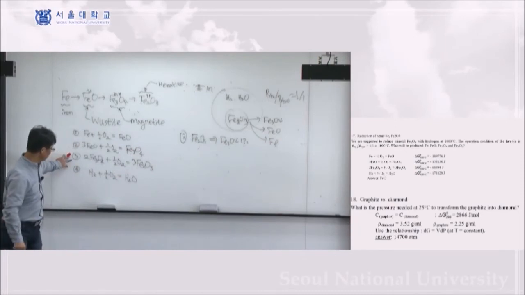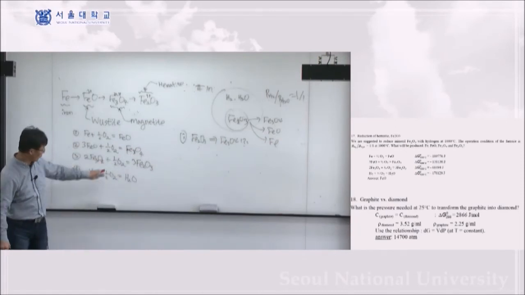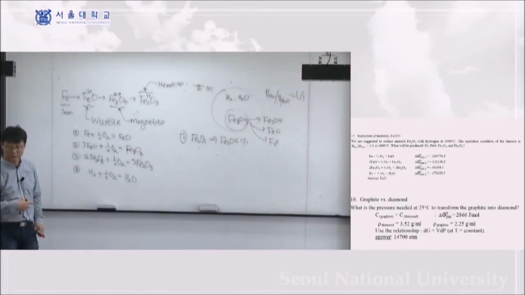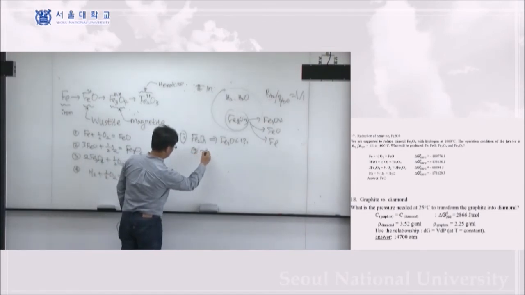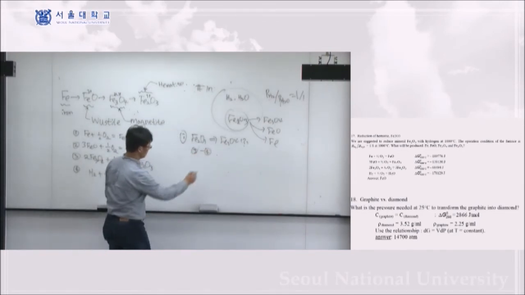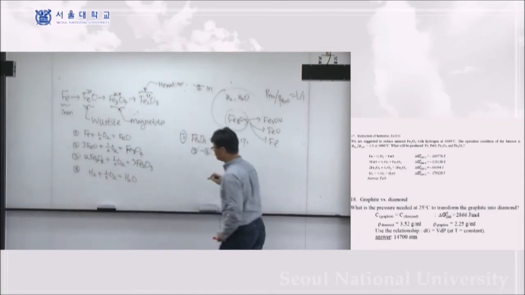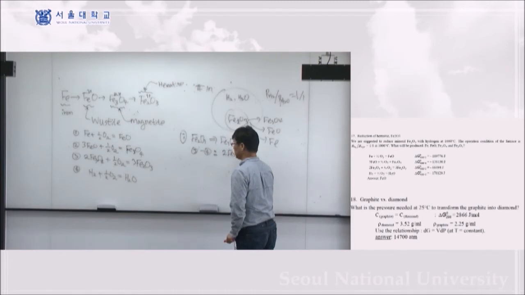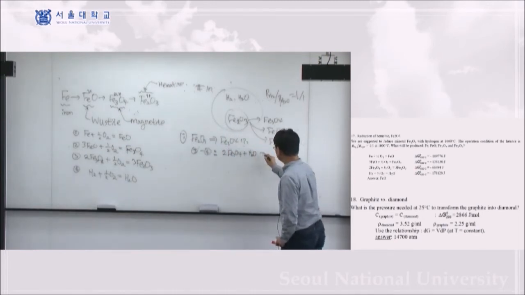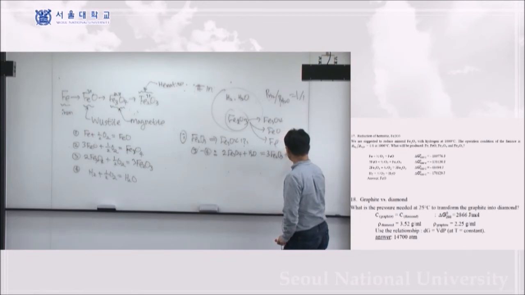So we are starting from here. By combining 3 and 4, we can eliminate oxygen, and we can get only the H2, H2O, Fe3O4 and Fe2O3 relationship. So by combining 3 minus 4, we have 2 Fe3O4 plus H2O equal to 3 Fe2O3 plus H2.